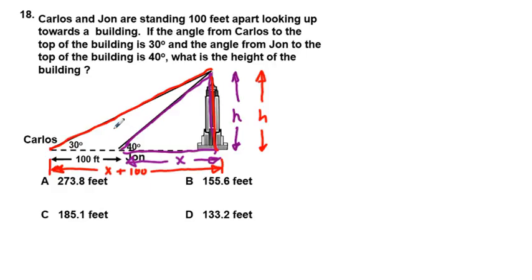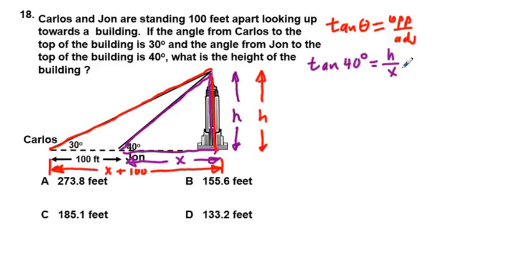We're looking at the tangent of an angle theta equals the opposite over the adjacent. Using that, we're going to get two equations out of this. We're going to take John first. The tangent of the angle from John to the building, which is 40 degrees, is equal to the opposite over adjacent, which is the height h divided by x, the base.